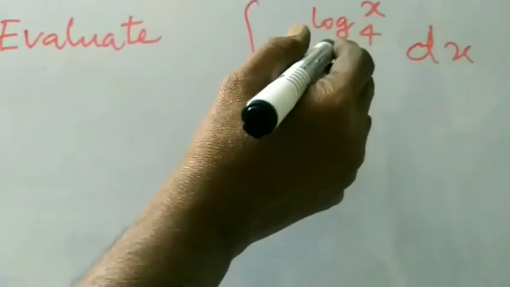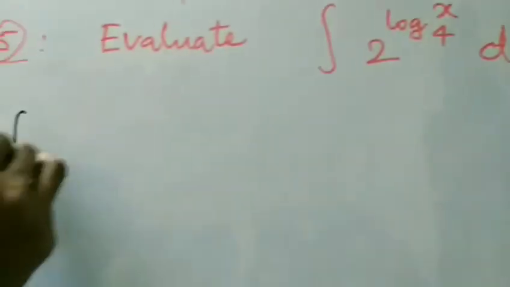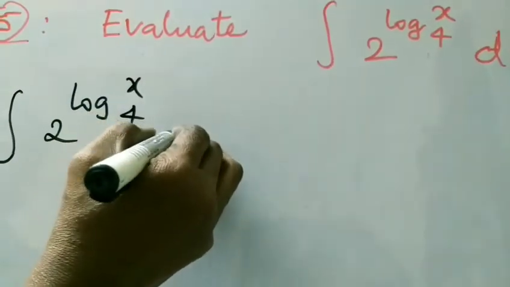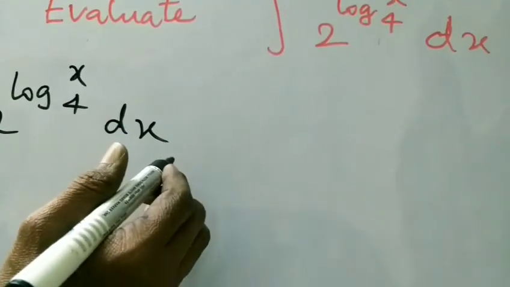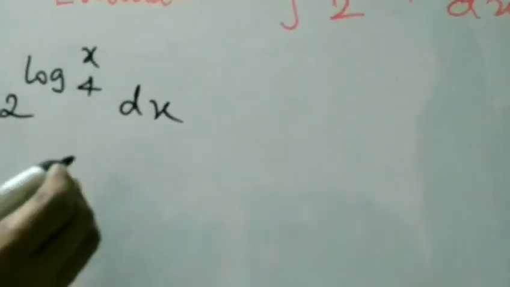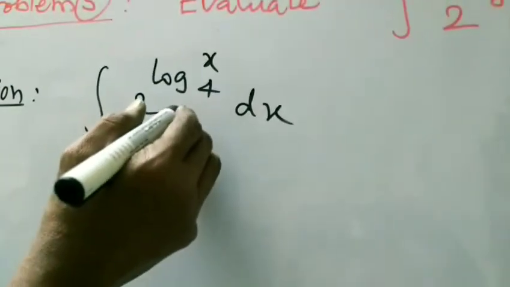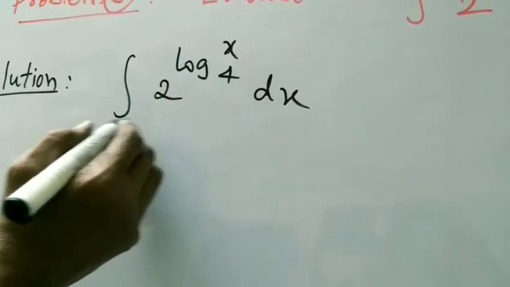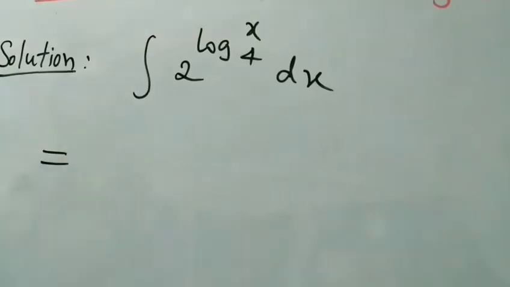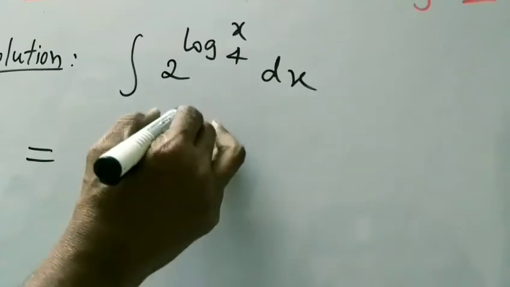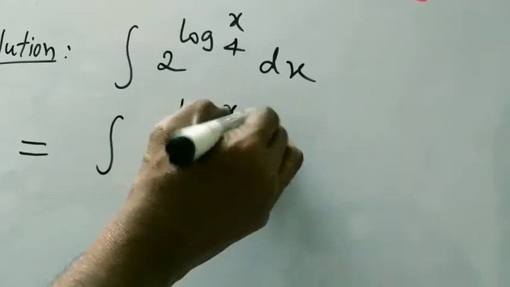Given the integral of 2 to the power of log x to the base 4 dx. So the integral of 2 to the power of log x to the base 4 dx is equal to the integral of 2 to the power of log x to the base 4.